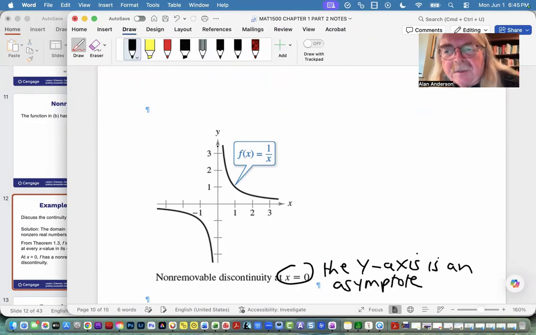And you see the same problem. There's a gap there. This cannot be removed. Removable means that you could define a new point and get a smooth continuous curve. Here, that can't happen.